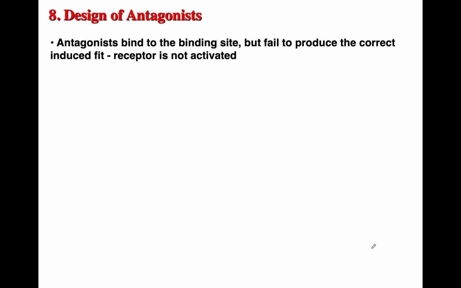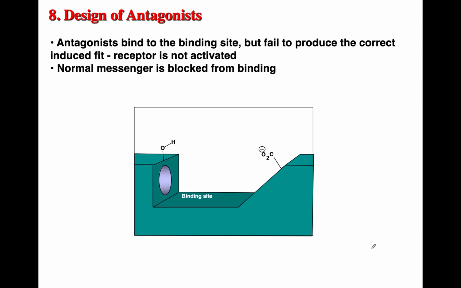So antagonists are going to bind to the binding site, but they fail to produce the correct induced fit. So the receptor is not activated. The normal messenger is blocked and cannot have access to its binding site. Just like we see here, all the interactions are the same, but it is going to have an induced fit that will be different than if it was a messenger.